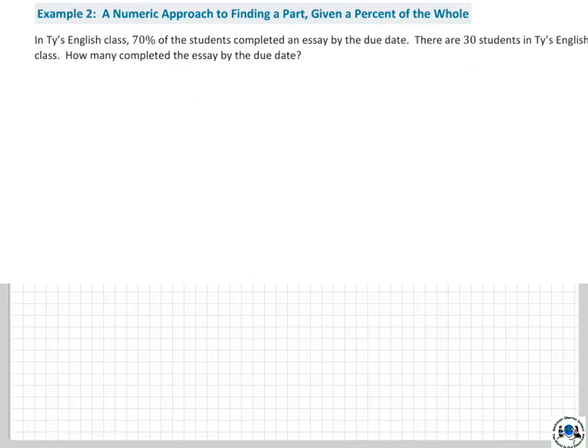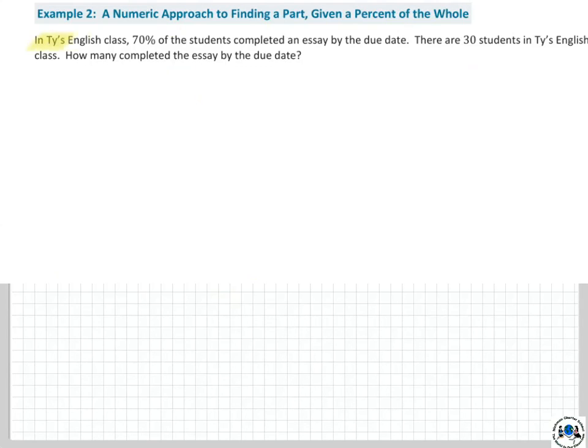The numeric approach to finding a part, given a percent of a whole. In this case, we're going to find the part, given a percent of the whole. Let me go ahead and read this to you.